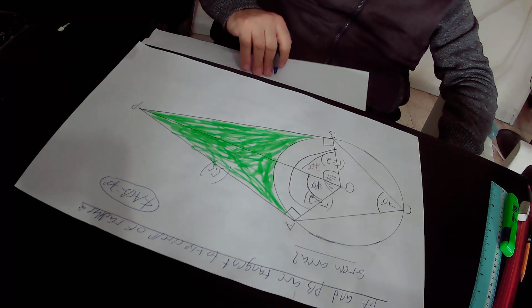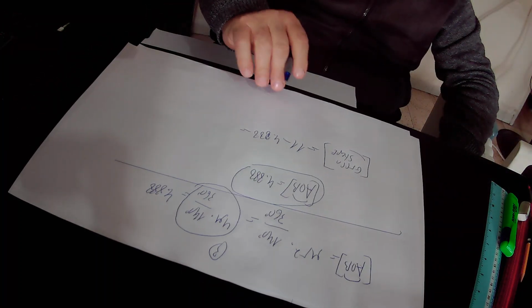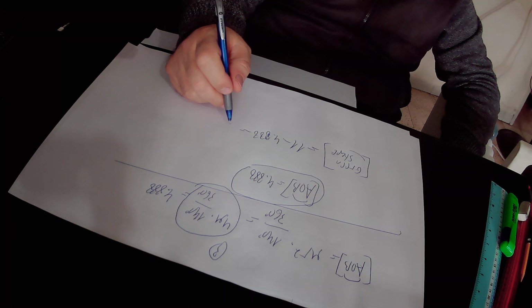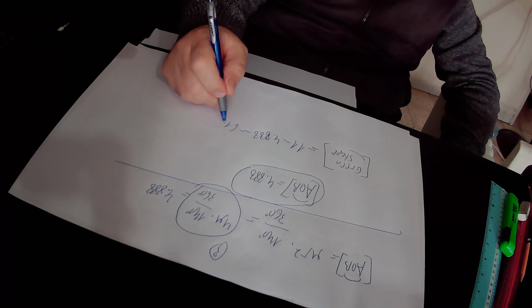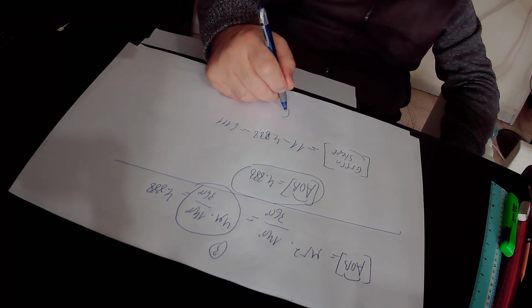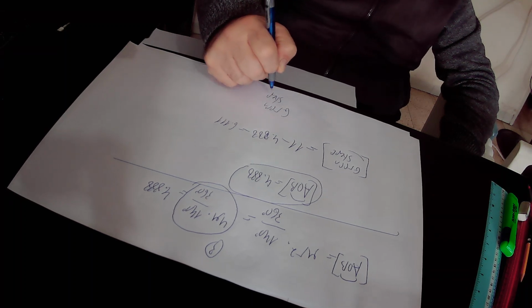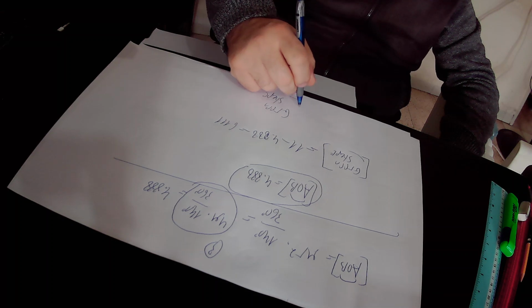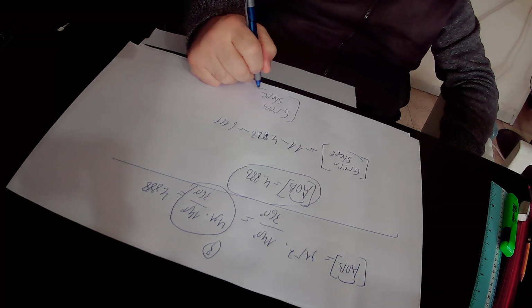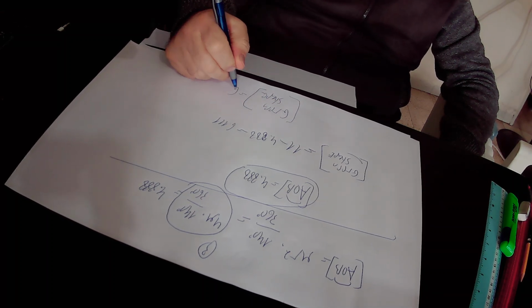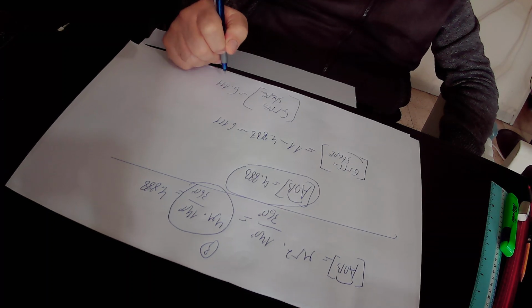So in conclusion, we found out that the area of the green shape equals 11 minus 4.888, that is 6.111 square units.